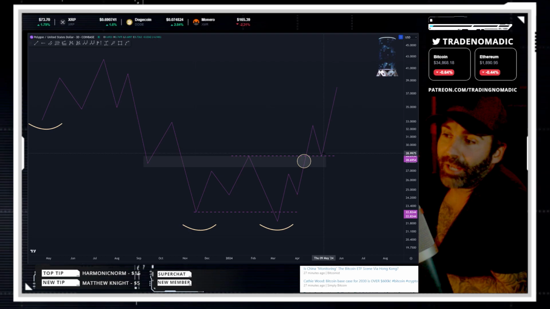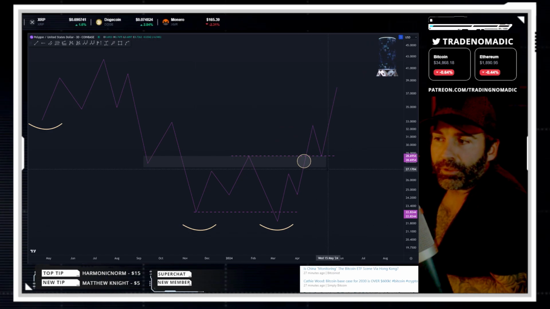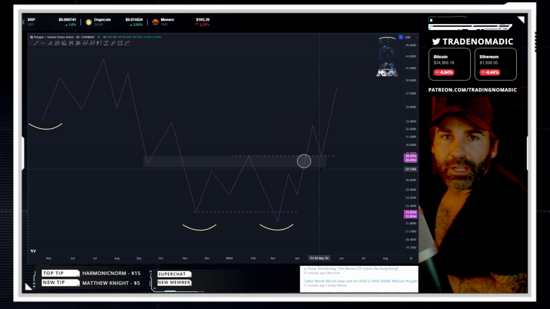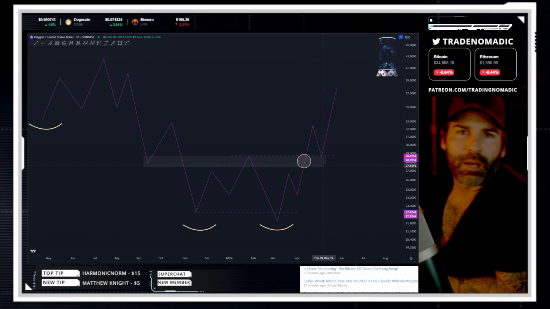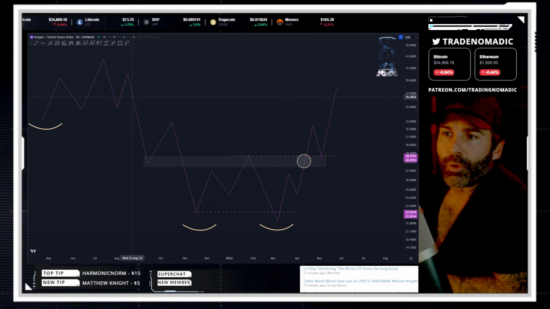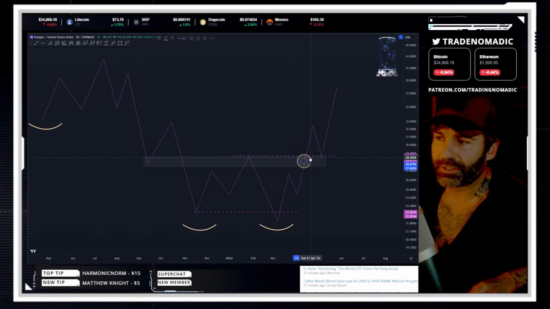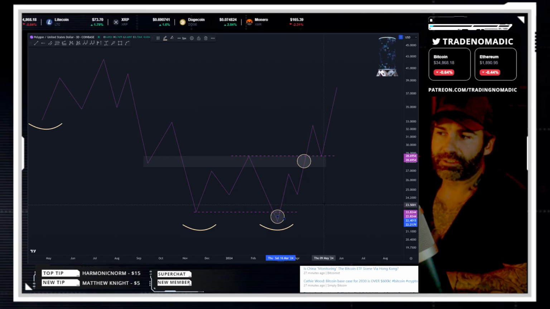If you know we got support here now, you could put your stop losses under the range, and that would give you a safe entry to either compound or to enter initially if you wanted to.